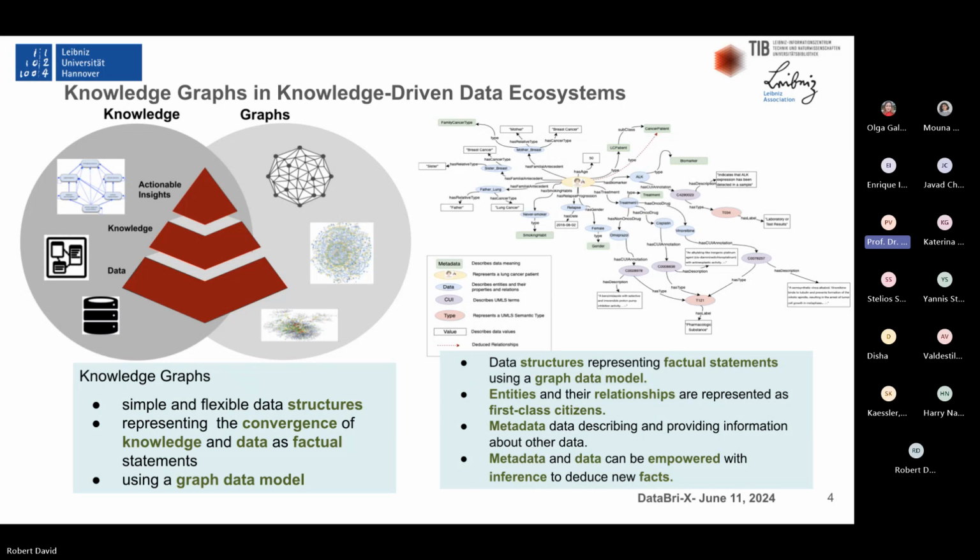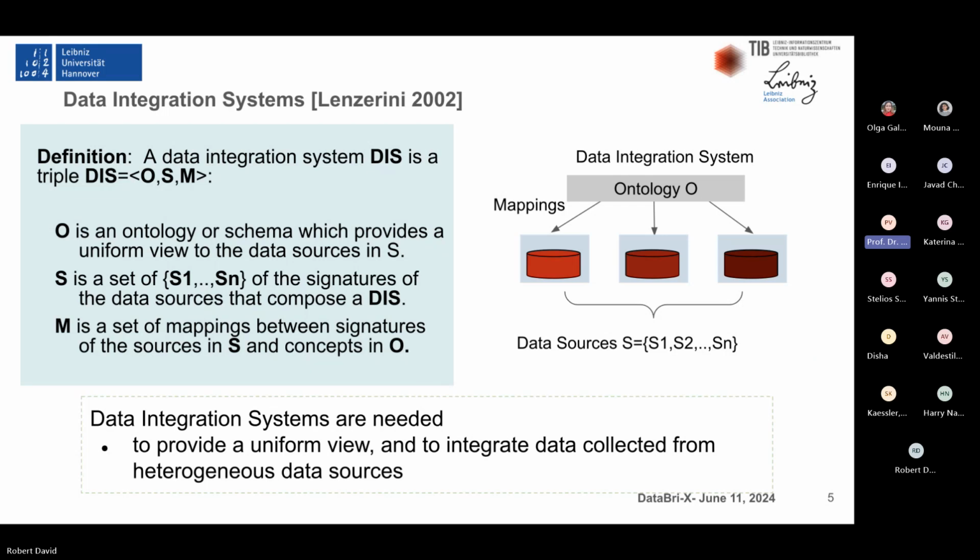So the next one. Something very important in the SDM Artificer is that we have a concept of data integration systems. The concept of data integration system, together with what we call from the beginning the knowledge-driven ecosystems, is basically what allows us to define declaratively this knowledge graph, and also what gives the input to the SDM Artificer.